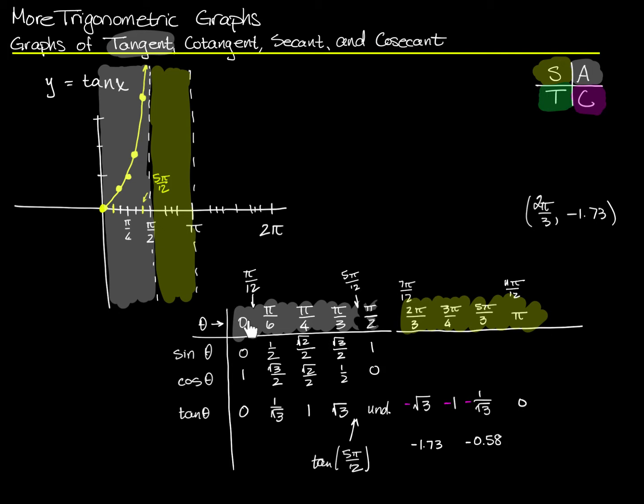In the case of quadrant 1, I had 0 comma 0, pi over 6 comma 1 over root 3, pi over 4 comma 1, and so on. So I'm just going to do the same thing here. Instead of writing all those points out, I'm going to assume that you can follow that the points that I'm about to plot here come from the combination of this x value and this y value. So 2 pi over 3, I need a height of about negative 1.73.